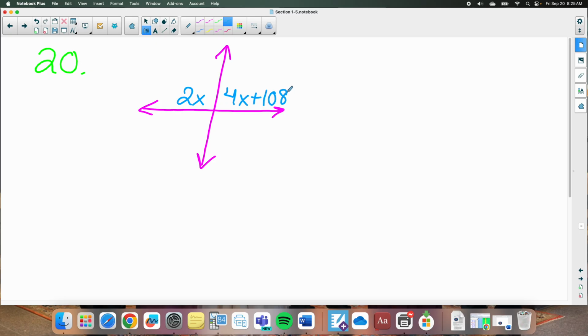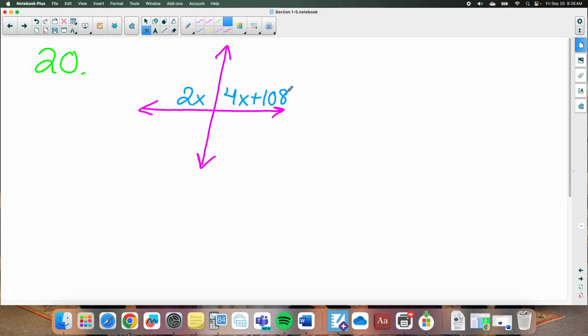Now, this has two x's, and so you're going to put those together. And what you have to think about is, do they form a line together? And if they form a line, you add them together and set them equal to 180. Or are they across from one another? Together, don't they form this straight line?